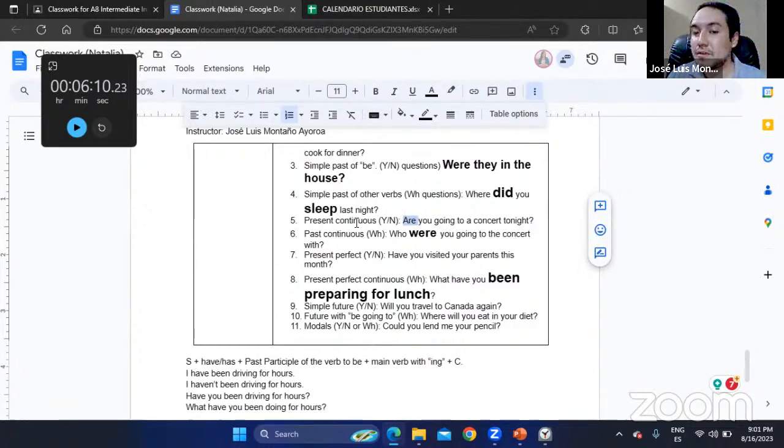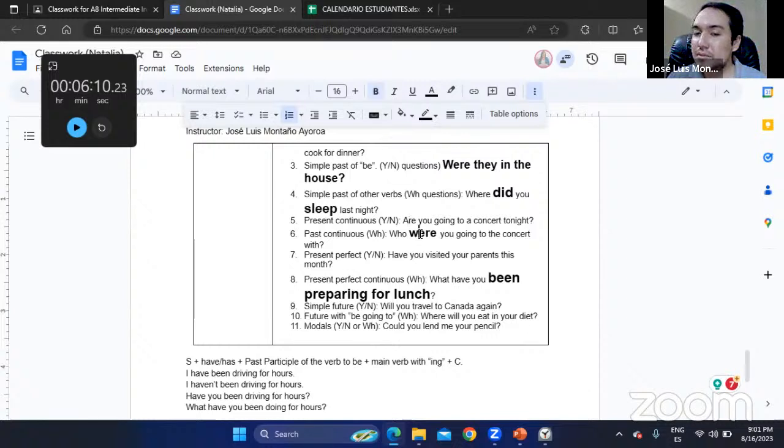So you have three forms of conjugation in simple present: am, is, are. Are you going to a concert tonight? Is she going to a concert tonight? Am I going to a concert tonight? So am, is, are. That's the conjugation in present continuous.